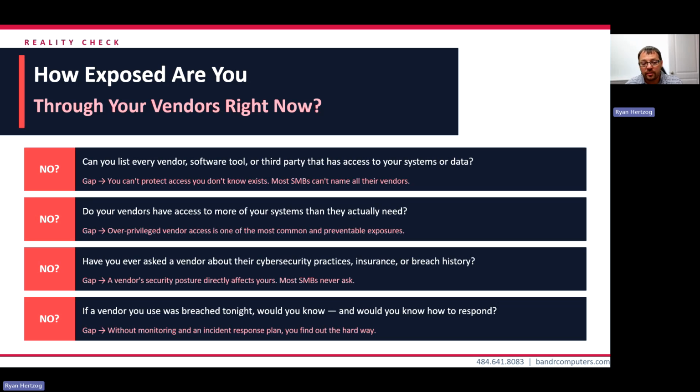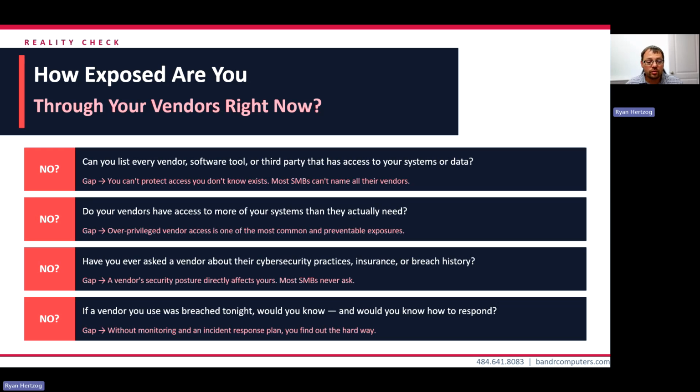Think about getting into an accident with an uninsured motorist. Your insurance has to kick in, but it's only going to cover a certain amount. Cyber insurance is the same thing. If the company you're working with doesn't have cyber insurance, it's going to be hard to get a payout or help with damages.